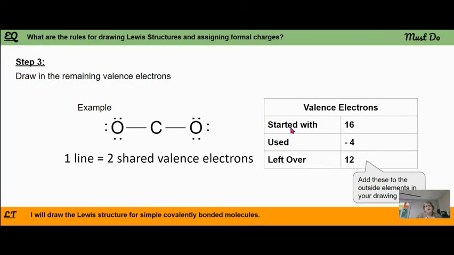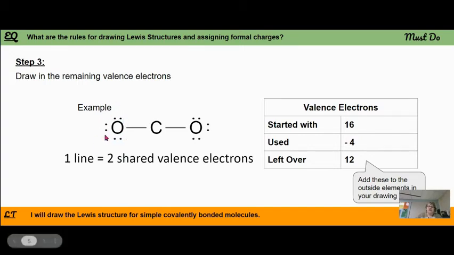Okay? Step 3, draw in the remaining valence electrons. So I started with 16, right? That's what I got from step 1. I used 4, right? So I have 2 electrons here and I have 2 electrons here. So I used up 4 of them. That means that I have 12 left over. I need to take those 12 and spread them out between the outside atoms, right?